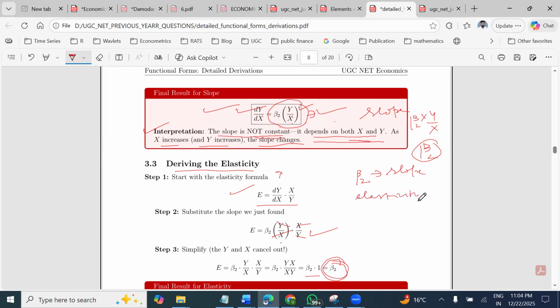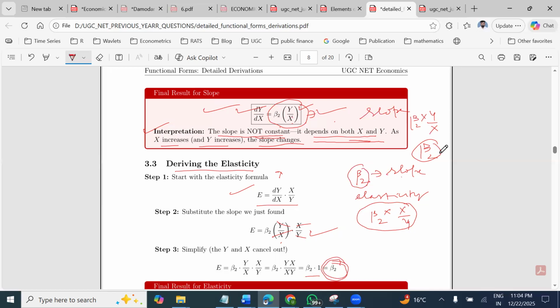What is the elasticity, Madhusida? Beta 2 times x by y. Is there any relation? Yes, there is a relation. Beta 2 is slope, just reverse.